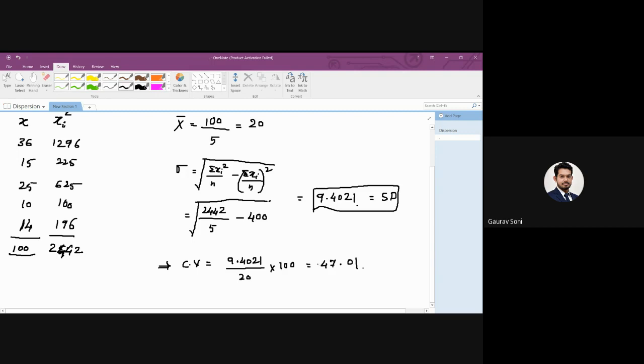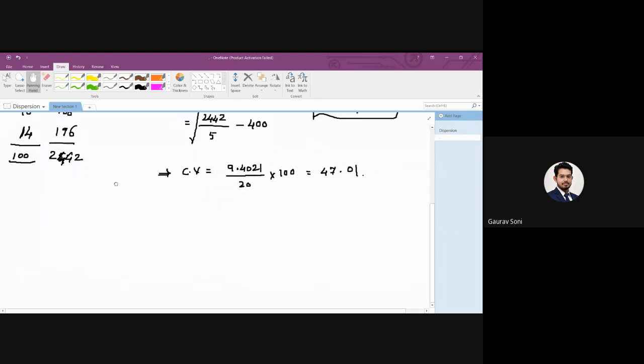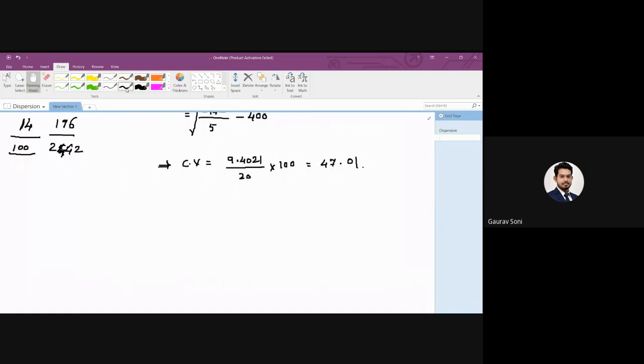So this is how we calculate whenever we have raw data given to us. Now what we will do is we'll think about the other part where we have the frequency distribution given to us. So the next question. Example.